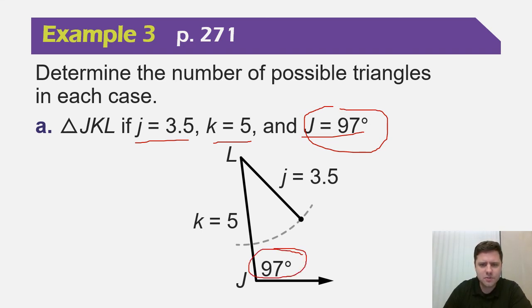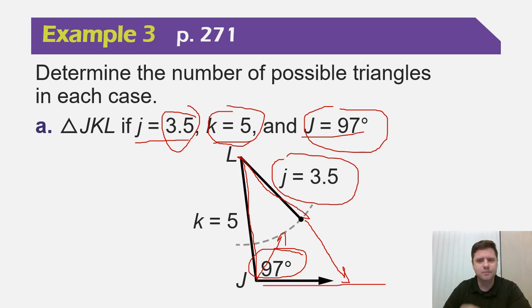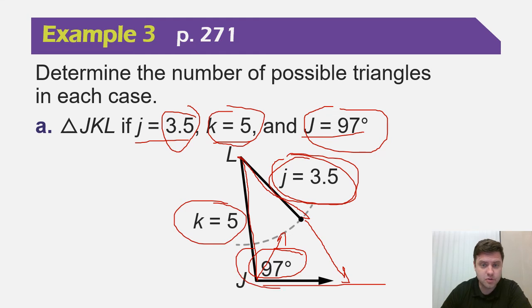So in the case of an obtuse angle, if j, the side opposite the angle J, is smaller than the k number, which it is here, note what happens. The k side is 5, so it gets way up here. But then 3.5 isn't long enough to come all the way back down and actually touch this line. So we know instantly that if this j is smaller than the k, it's no triangle at all. So in this case, it's no triangle because this is an obtuse angle.